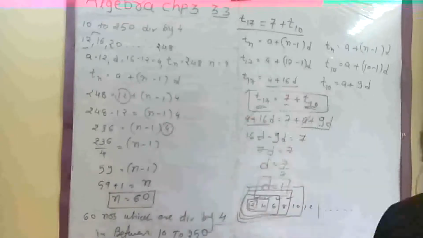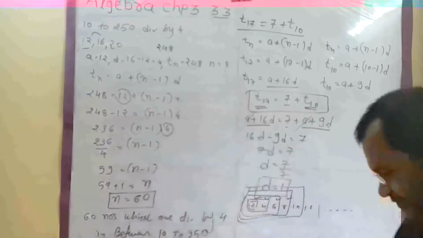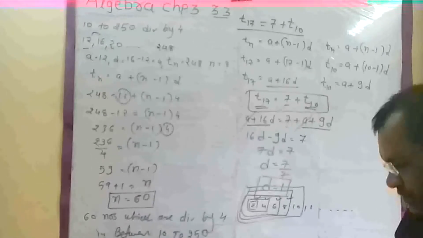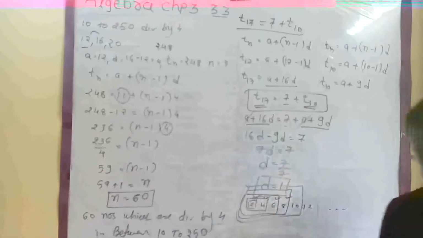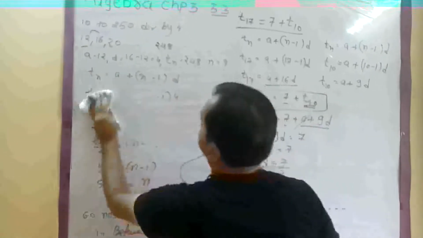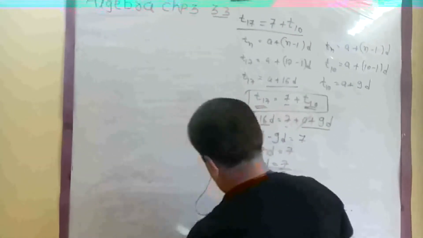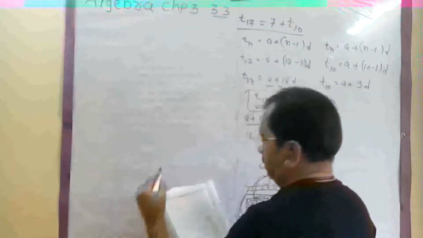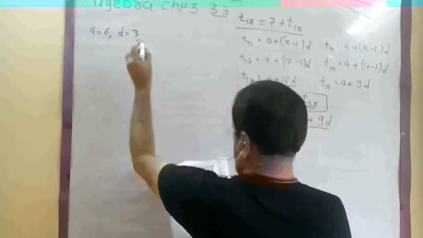Now a new part: S instead of T will be introduced. A is given as 6, D is given as 3.